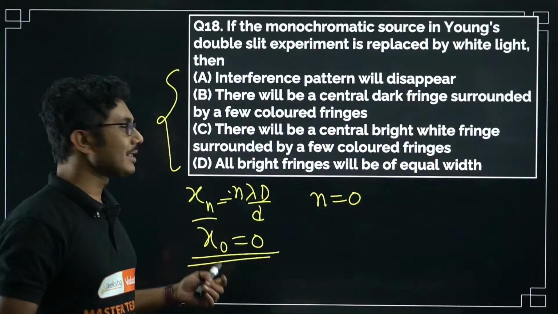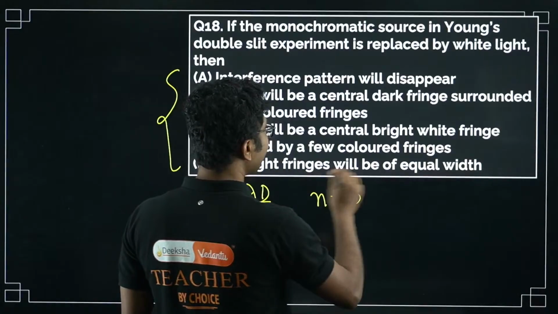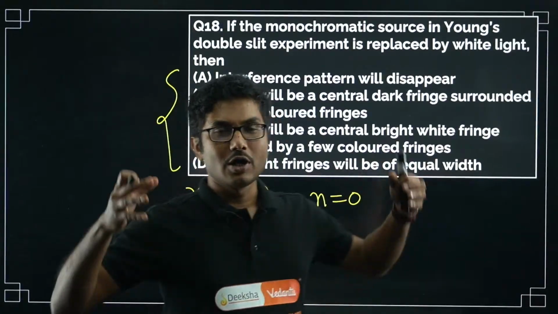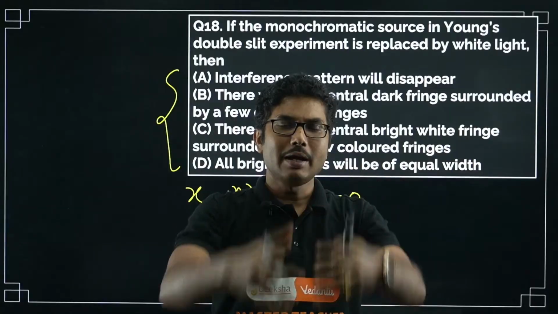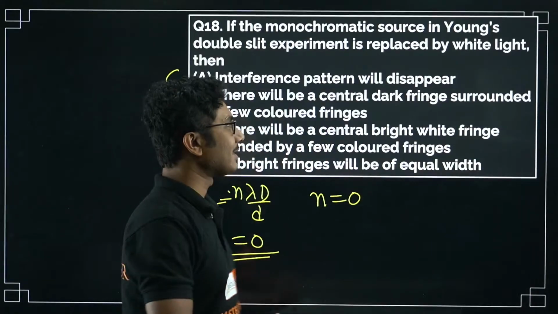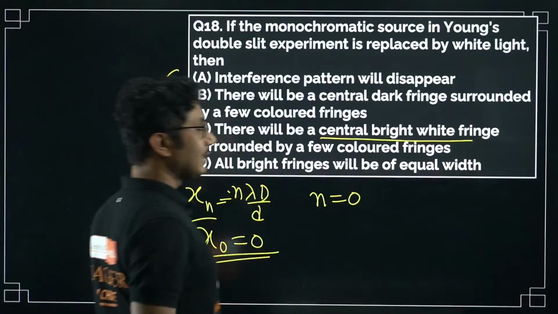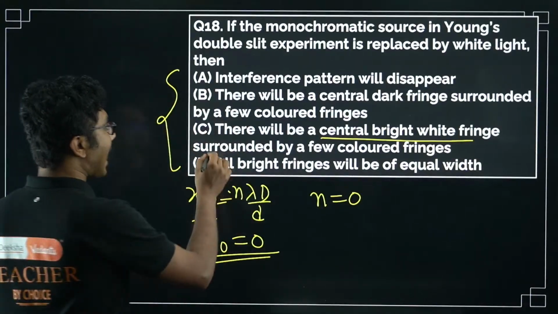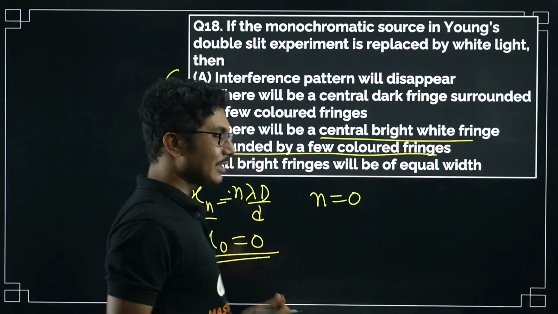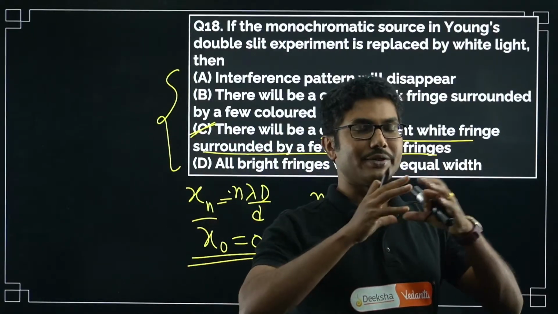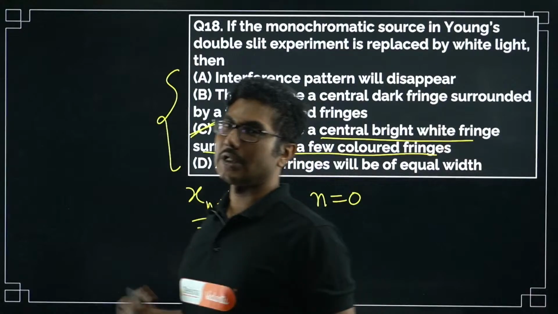You will get a central bright white fringe, because all the 7 colors, even though they are trying to go their separate ways, will eventually meet at the center at the same time. That will be surrounded by a few colored fringes. You will get some colors after the central white fringe, and slowly they will disappear because their wavelengths are different.